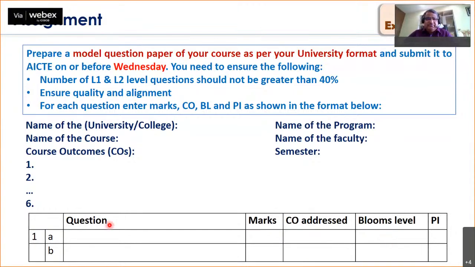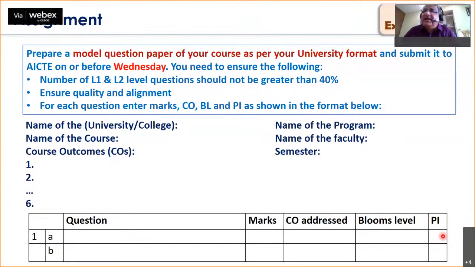If you want L1, question number 1A, L1, question number 1B, L2. Or if it is L2, L3, question number 1A, L2, question number 1B, L3. Only one CO value should be typed here. Only one Bloom's taxonomy level should be typed here.